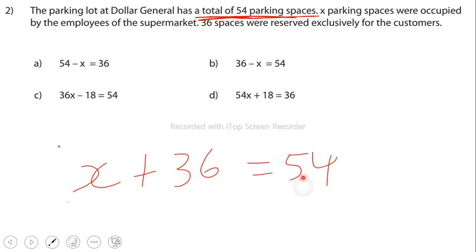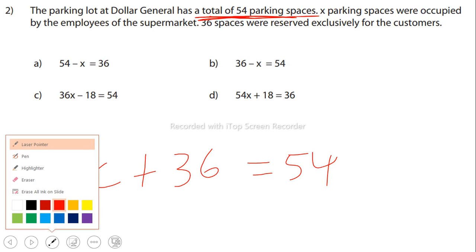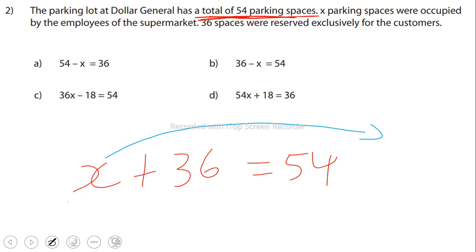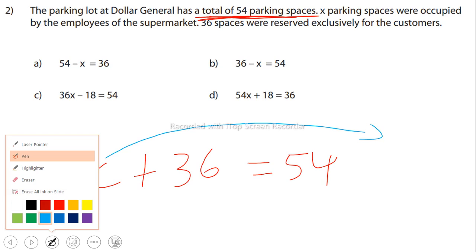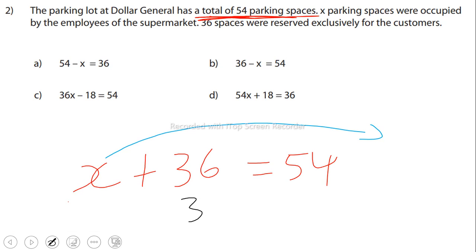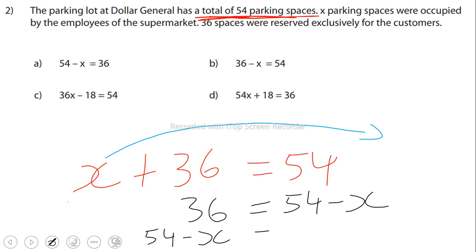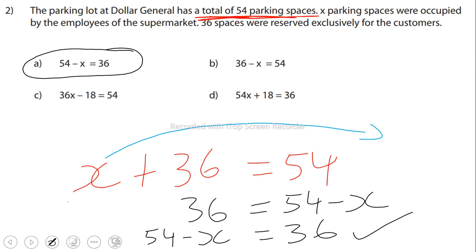If we send the X over the equal sign, it becomes 36 equals 54 minus X. And so we have 54 minus X equal to 36. And so the correct answer is A.